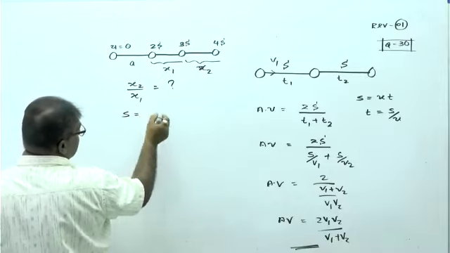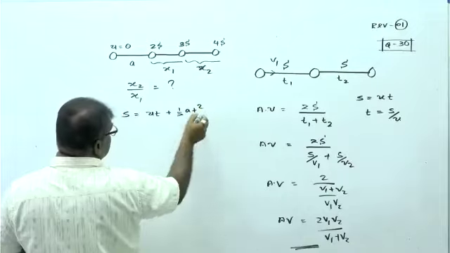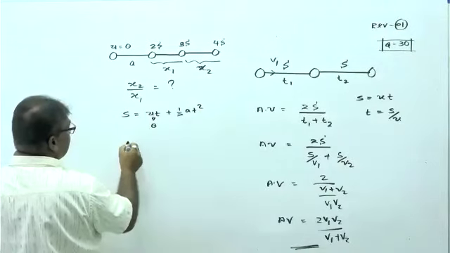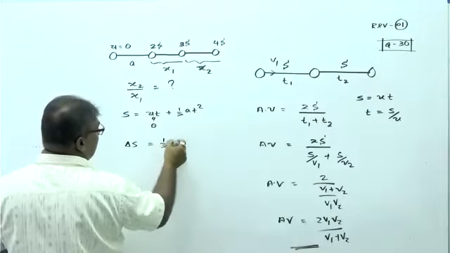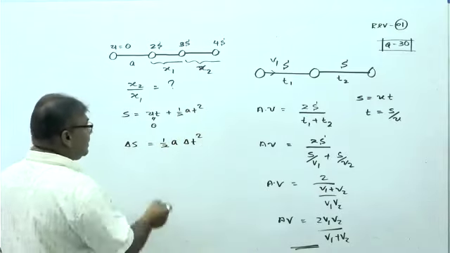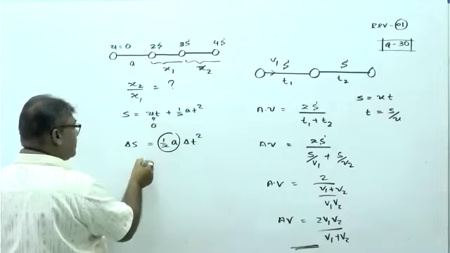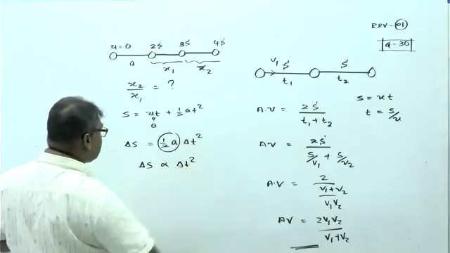We have s equals ut plus half at squared, u is 0, then short way: distance covered in the given second is equal to half a delta t squared, right? This a is constant. Therefore, delta s is directly proportional to delta t squared.